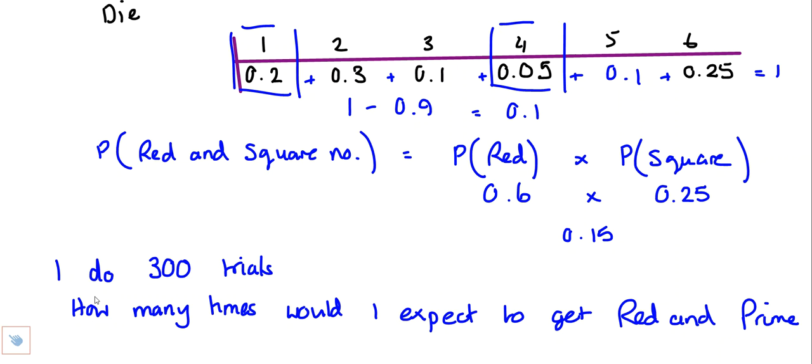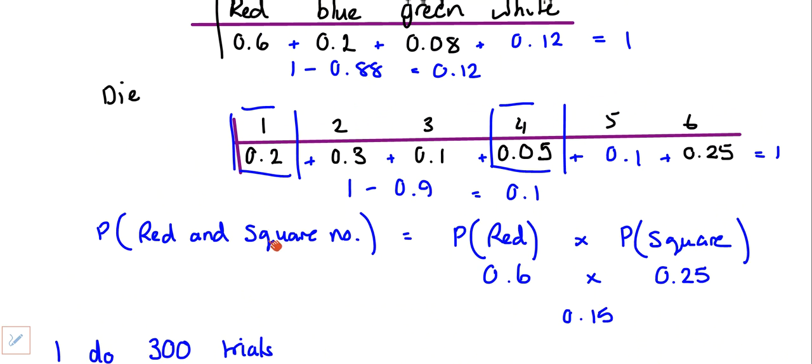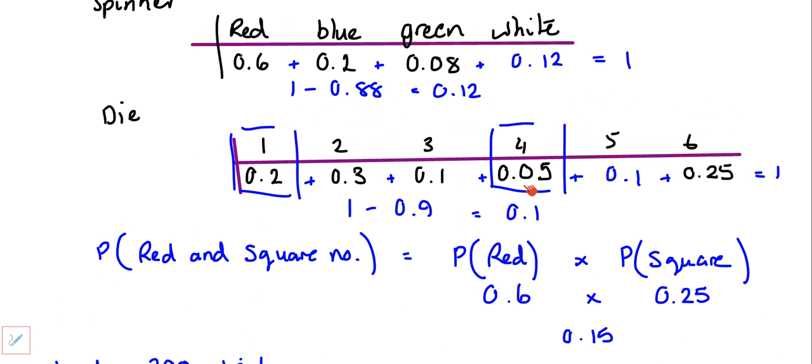Okay. So over to you. Finish this question before I give you some past papers. So I do 300 trials using the same spinner and die. So I do 300 spins and roll the dice. So that counts as one: spin, throw the dice, record what happens. Do that 300 times. How many times would I expect to get red and a prime number?